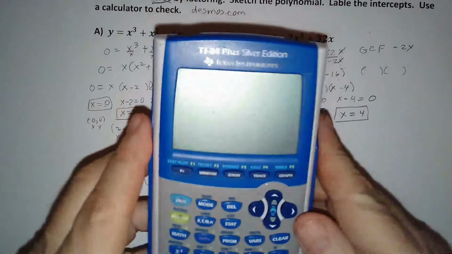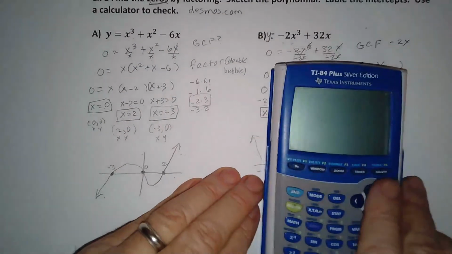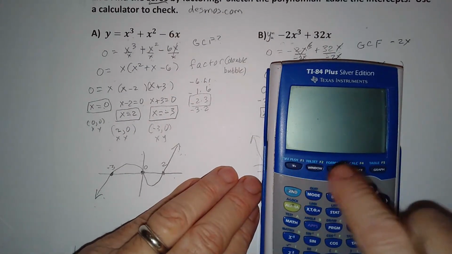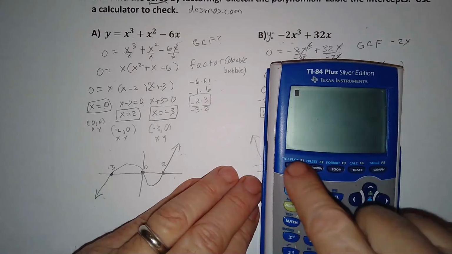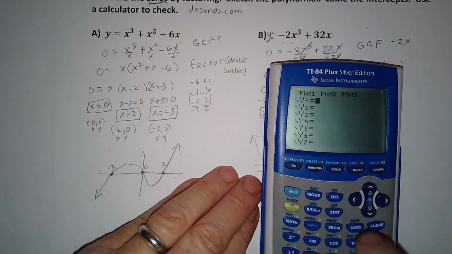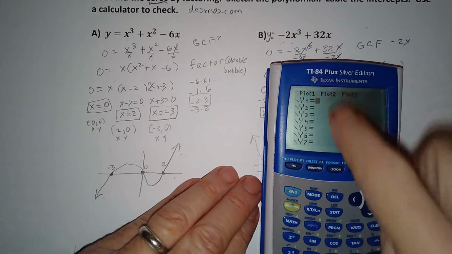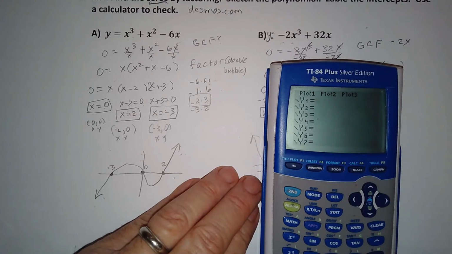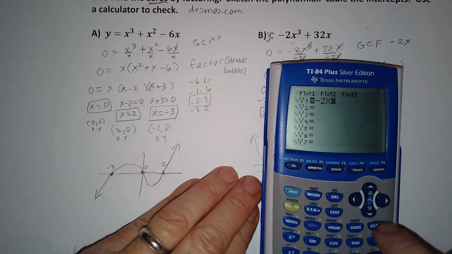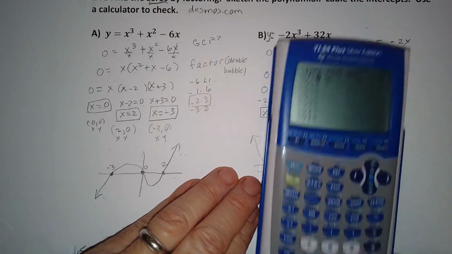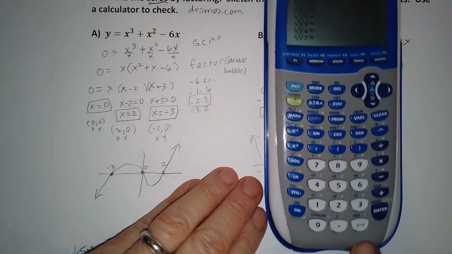Let's check it. Once more, let's clear this. We're going to type in y equals negative 2x cubed. Always remember, you start with the negative sign at the bottom.